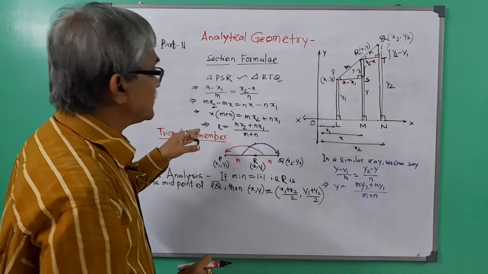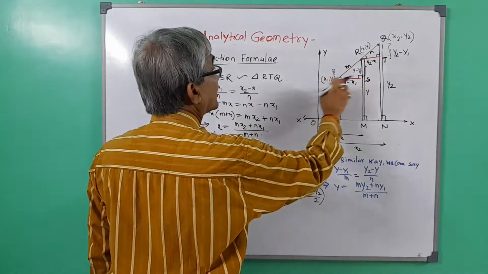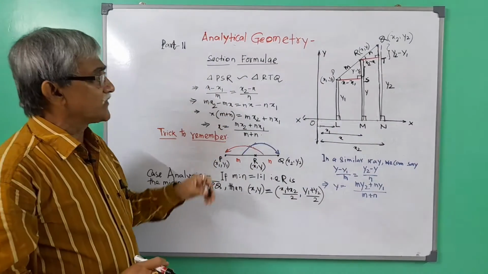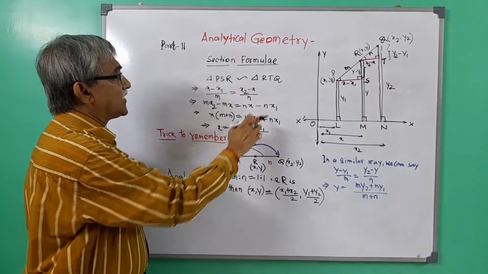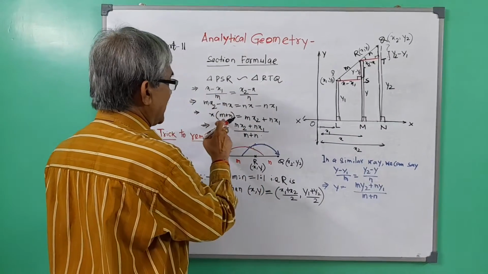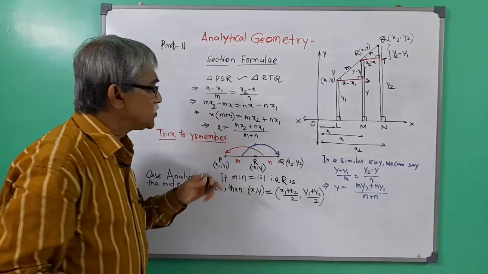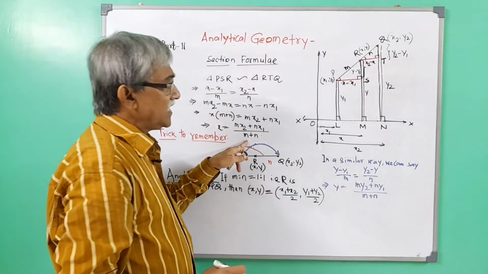So we are taking a ratio: x minus x1 upon m equals x2 minus x upon n. Then by simple simplification, cross multiplying, mx2 minus mx is equal to nx minus nx1, and that way (m plus n) whole into x is equal to mx2 plus nx1, or x equals (mx2 plus nx1) upon (m plus n).